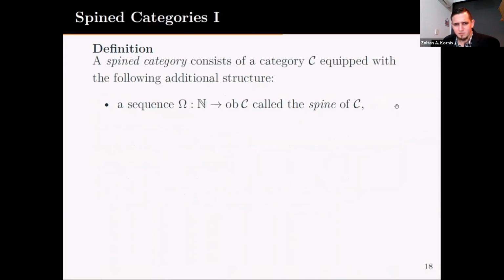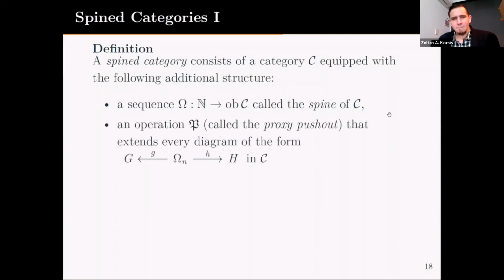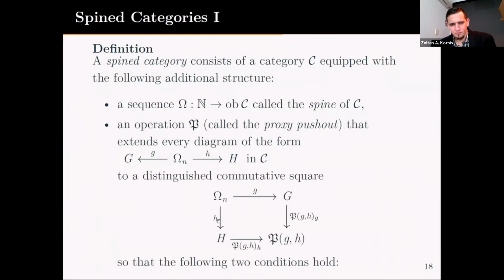And one of that is the spine, this sequence of objects indexed by the natural numbers. And the other is going to be a proxy push-out operation. Now what a proxy push-out does is it extends every span of this form into a commutative square, a specific commutative square, which we're going to call the proxy push-out square.